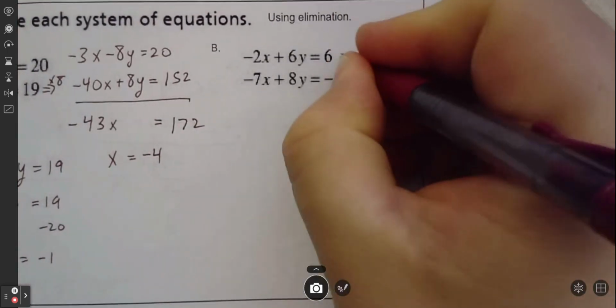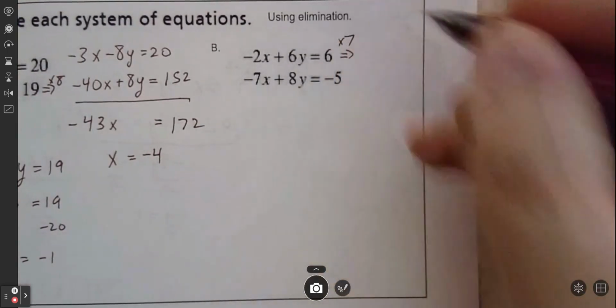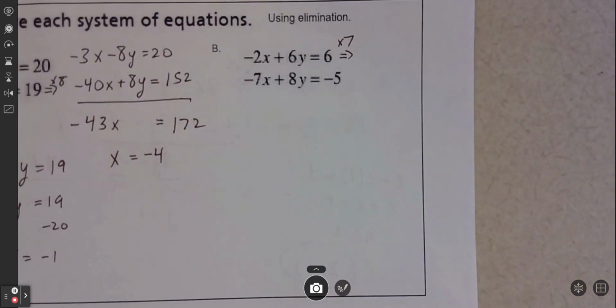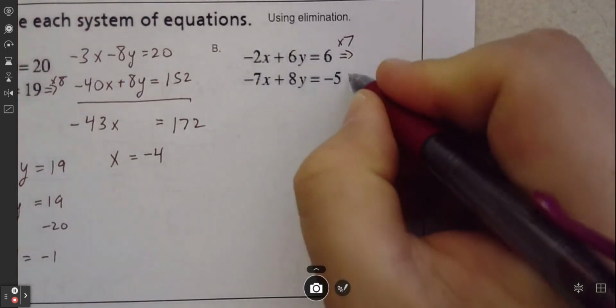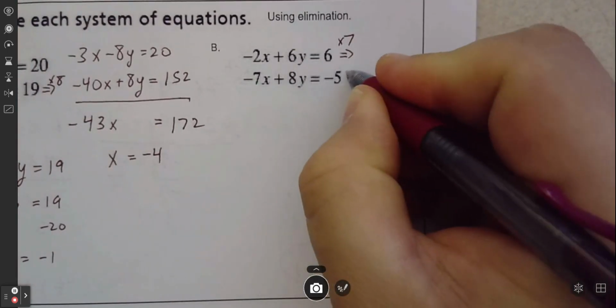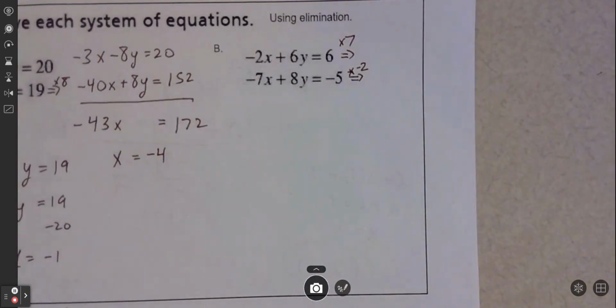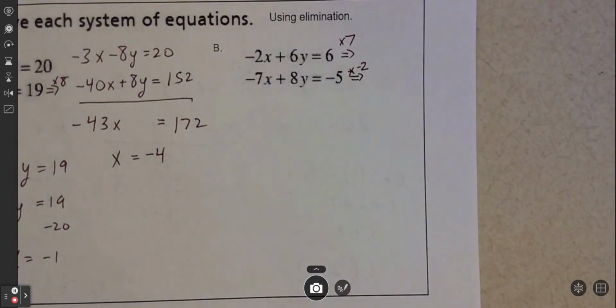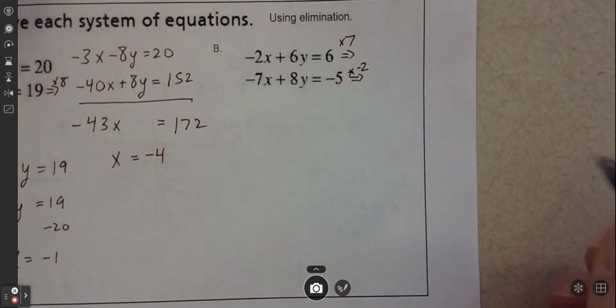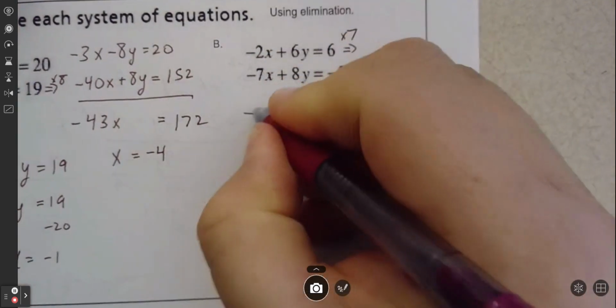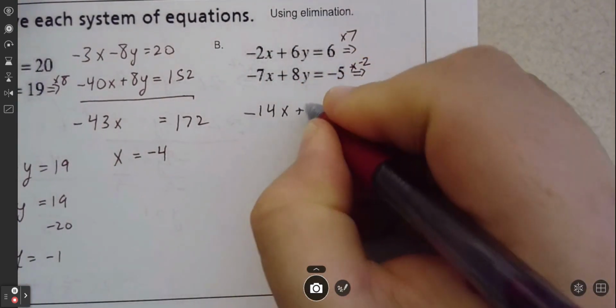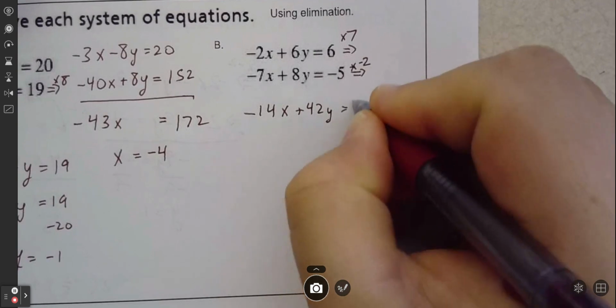And then if I multiply this one by 7, the bottom one I want to multiply by 2. But I want one to be positive and one to be negative, so can we do negative 2? You can do it where we subtract, but I think it's easier just to multiply by negative. Okay. So I get negative 14x plus 42y equals 42.